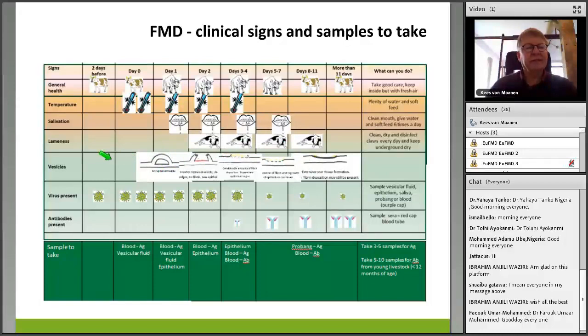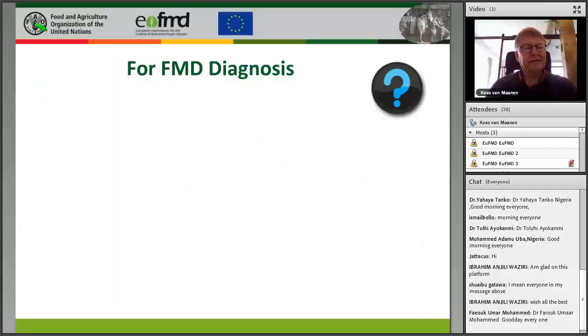To do some lesion aging, also very important for the epidemiology, of course, for the backward tracing and the forward tracing. And when there is virus to be expected to be present in low or in higher concentrations, and what sort of samples to collect, and when you can expect the development of antibodies, and what sort of samples to take. So this is even like a cartoon you could use as a leaflet in the field when you would laminate it so that it is protected against rain and dirt and so on.